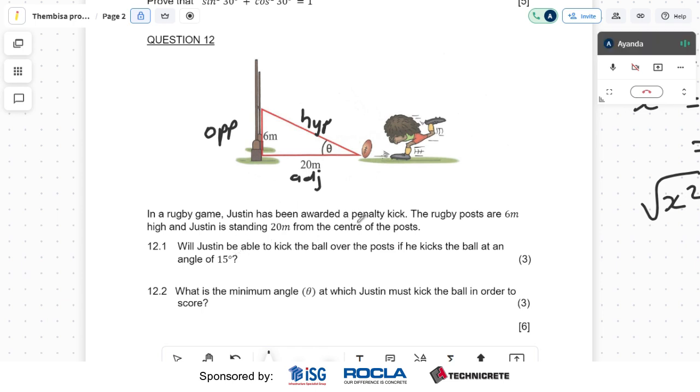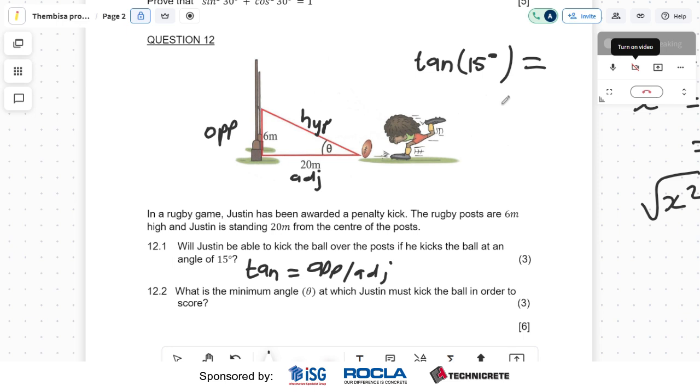Right. So how would we do this? In order to do this, we'd have to use tan because we have the adjacent and we have the opposite sides. So tan is opposite over adjacent. So we want to figure out if tan of 15 degrees, what height is that going to give us?